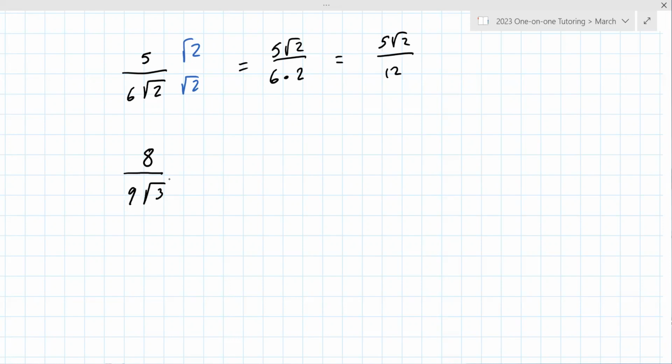I got 8 square root of 3 over 27. Very good. Excellent. So we might come back to this. There's a few more problems in here I'd like to do with you, but I think it would be wise for us to do this reducing roots thing.